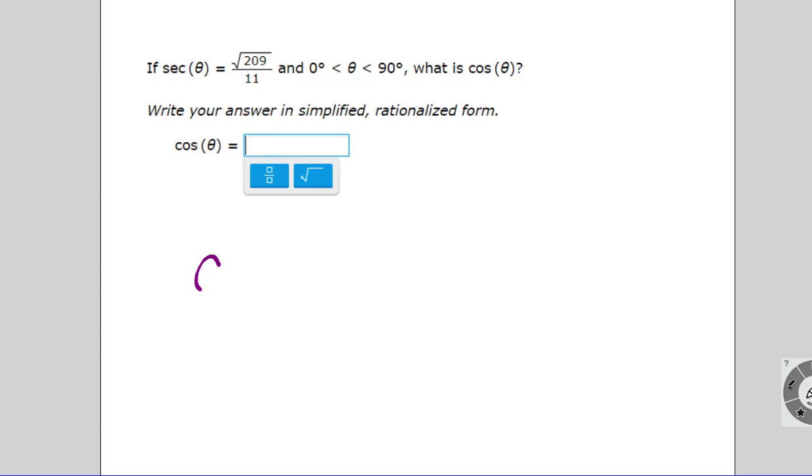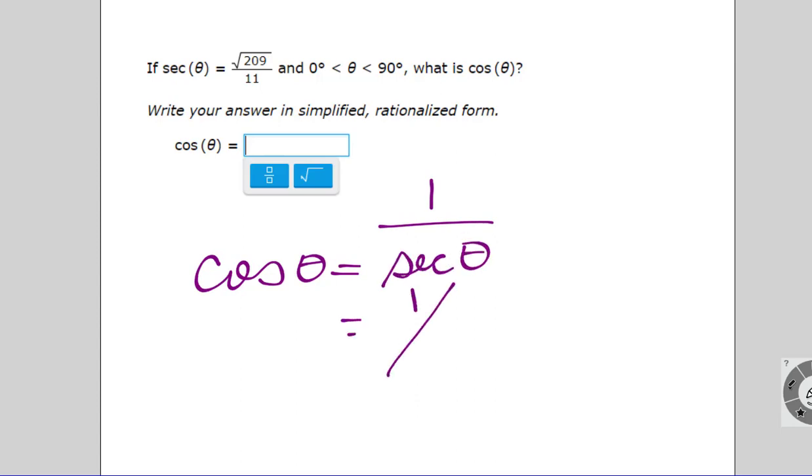So if I want to figure out what cosine theta is, it's going to be 1 over secant theta. Okay, so we're doing 1 over square root of 209 over 11. And so we handled that by doing 1 times 11 over square root of 209.